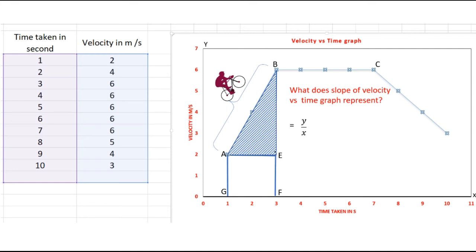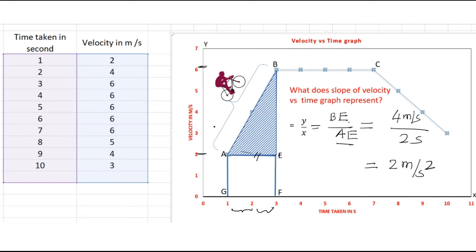if you take only this particular triangle, y is equal to BE and x is equal to AE, which is equal to BE is BE from here to here, right? 1, 2, 3, 4, right? 4 meter per second divided by AE here 1 second and 2 second, 2 second, and that is equal to 2 meter per second square, which we have already calculated.